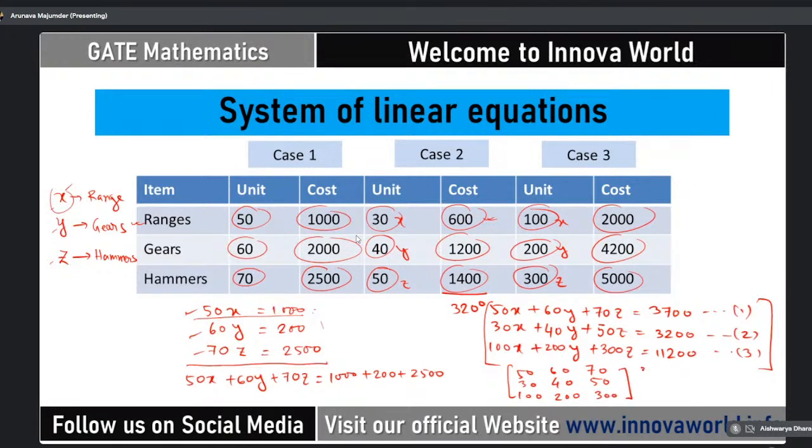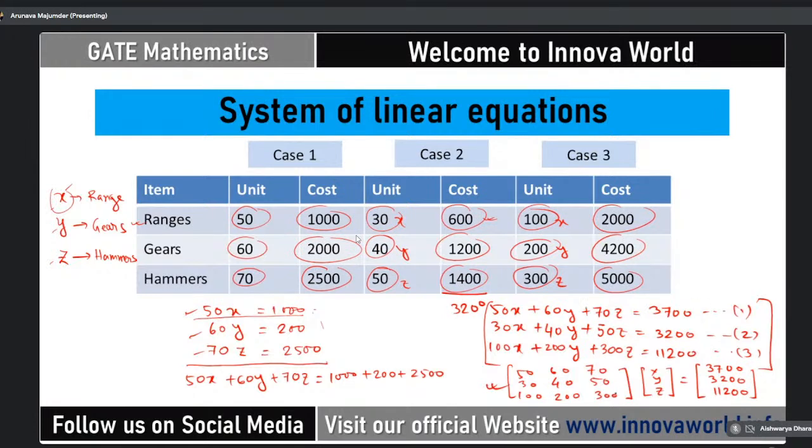Multiplied by x, y, z, this is equal to the B matrix, which is 3700, 3200, and 11200.